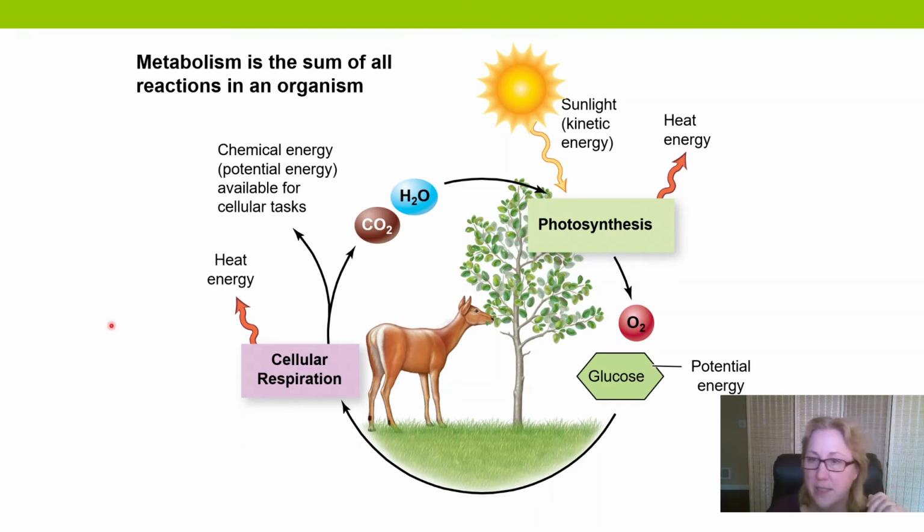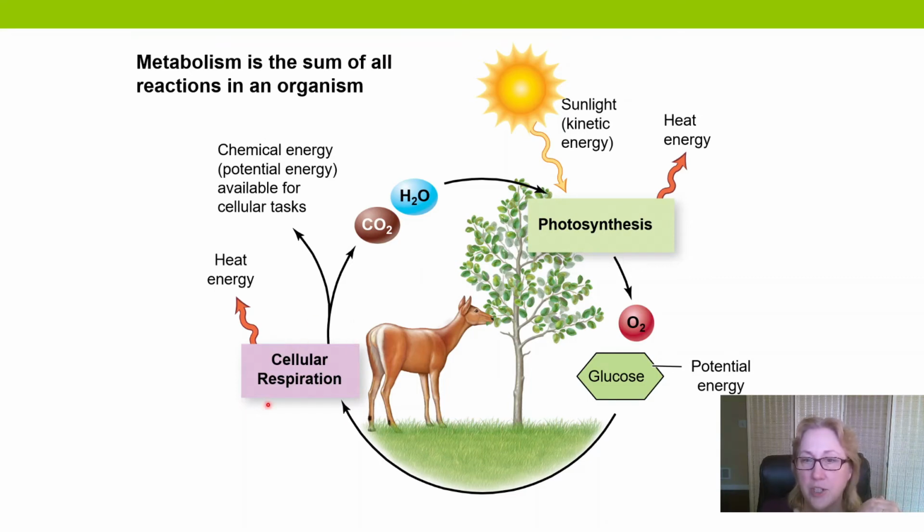So the metabolism of organisms is the sum of all the chemical reactions that are occurring in that organism. And we're going to focus on two specific types of reactions in the next two chapters. First, we'll talk about cellular respiration, and second, we will talk about photosynthesis.